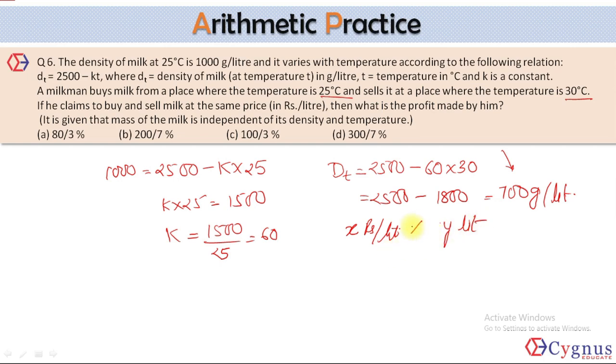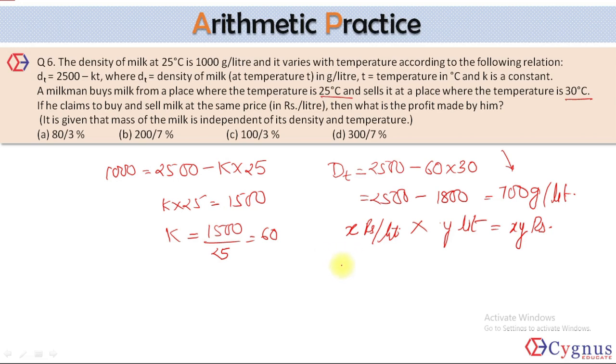So the total cost for him will become X into Y rupees. Now, what will happen here? He purchased milk when the density was 1000 grams per liter, but now it has become 700 grams per liter. That means the customer will get only 700 grams at the rate of 700 grams per liter.